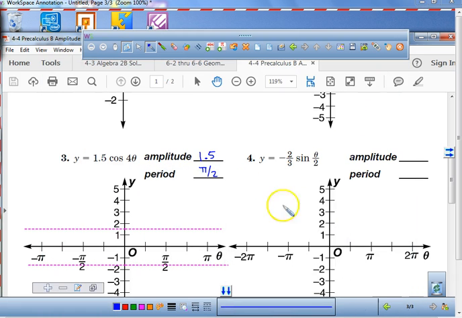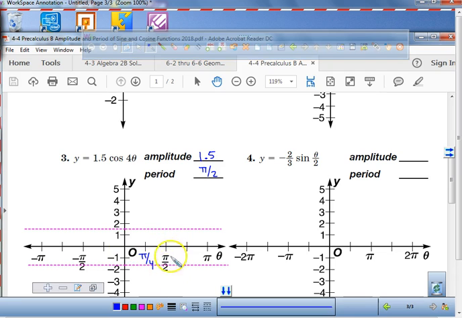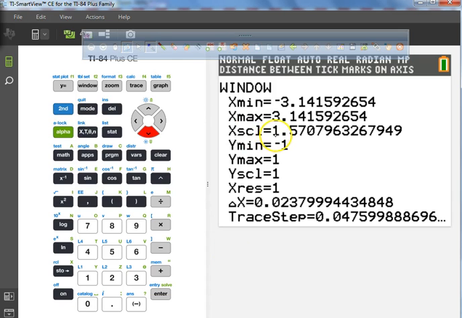Halfway between 0 and pi over 2, if you take half of this, that becomes pi over 4. If I take pi over 2 and multiply it by half, that becomes pi over 4. So that's what I want our x scale to be: pi divided by 4.